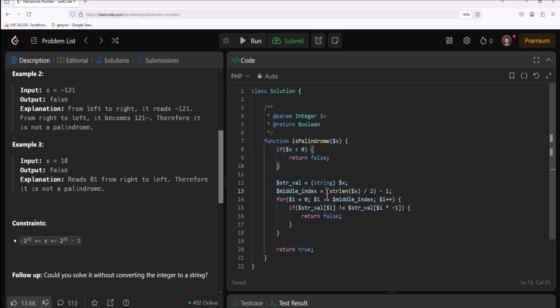Let me check. 2 divided by 2 minus 1, for example. I think it must work, right? It doesn't work. 10: the length of 10 would be 2, and 2 divided by 2 would be 1, minus 1 would be 0.